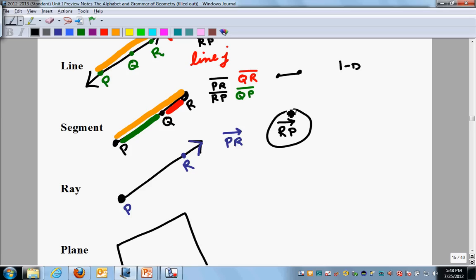So draw that, and then add a don't do this symbol. Why can we not call it RP? Because R is not the endpoint, it's the arrow side. So you have to start with the endpoint in a ray. It's also one dimension.